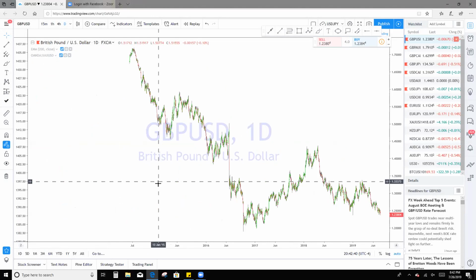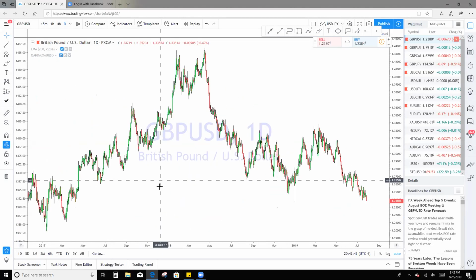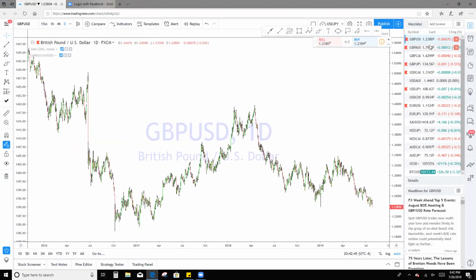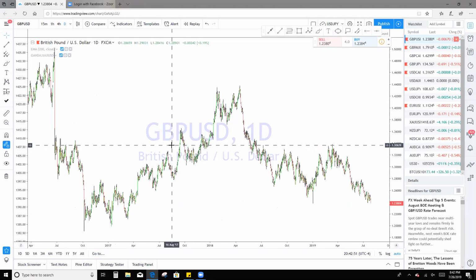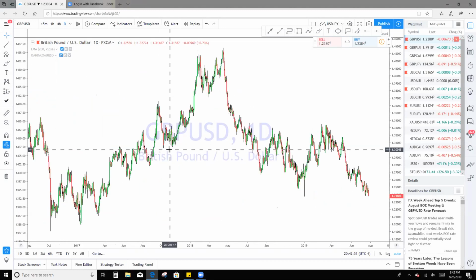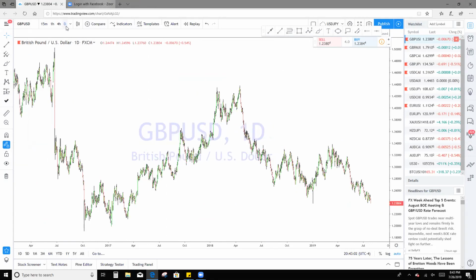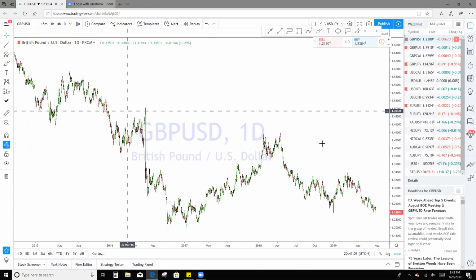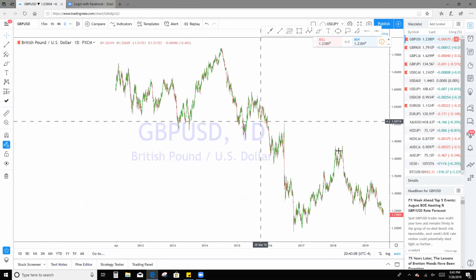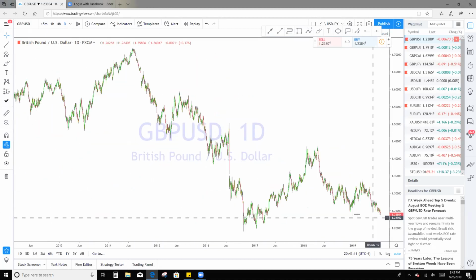So the first thing I typically do is go to any pair, whatever pair I'm looking at. We'll start with the GBP pairs. I know a lot of people love the GBPs because they move very fast. Starting with the GBP pairs, the first thing I always do is go out to my daily time frame, in any pair. My daily is going to show me the overall picture of where the market is basically headed.